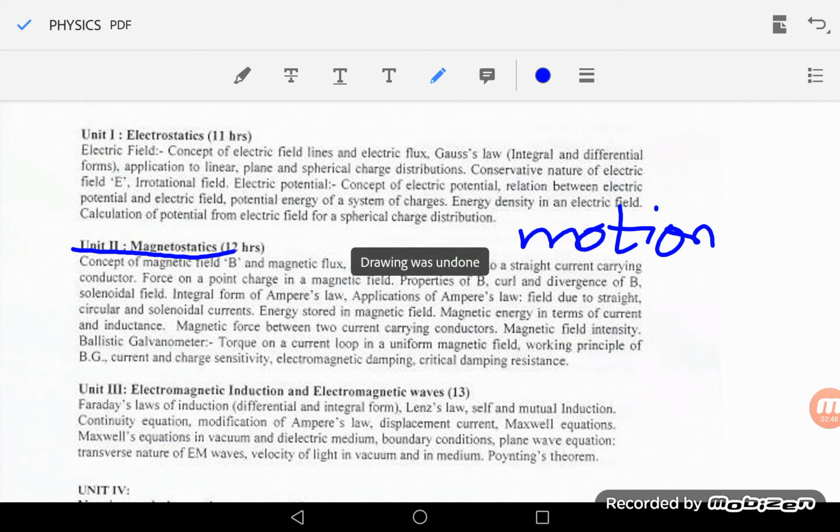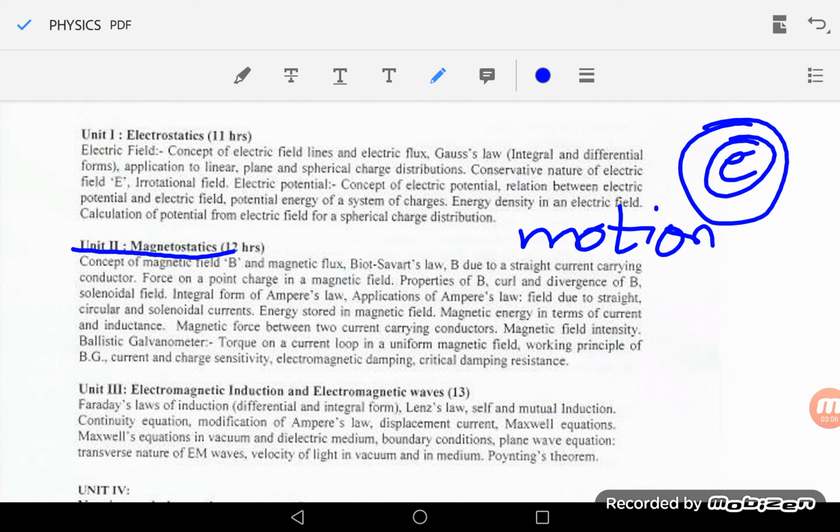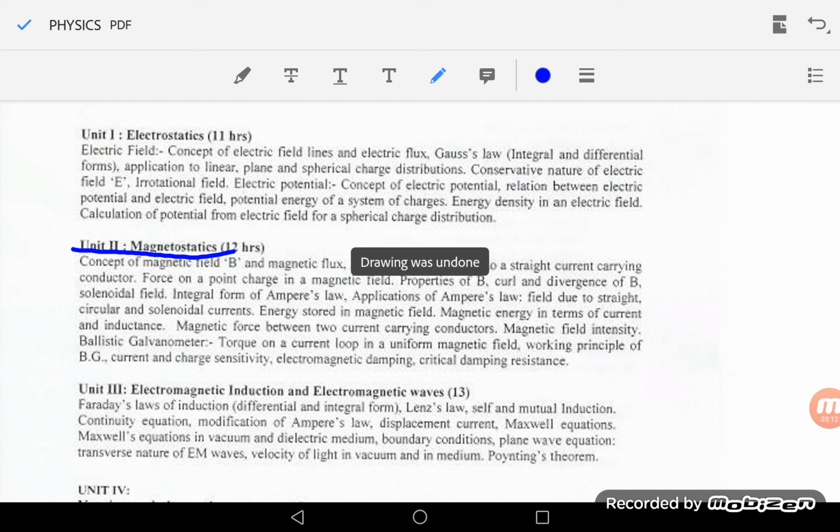If the charges are in motion, then it is related to a subject called magnetostatics. So kindly remember, a moving electric charge can create a magnetic field around it. If the charges are at rest, they create an electric field.